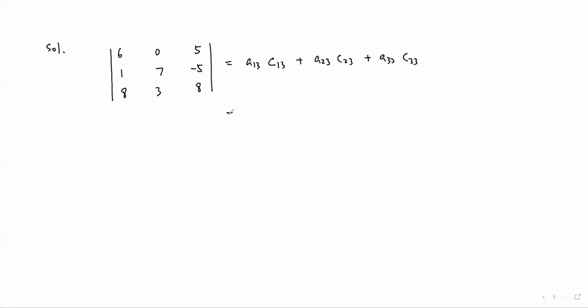Solution: the determinant, by formula, I expand it down the third column. The formula is A13 C13 plus A23 C23 plus A33 C33. Now A13 is 5, A23 is -5, and A33 is number 8.